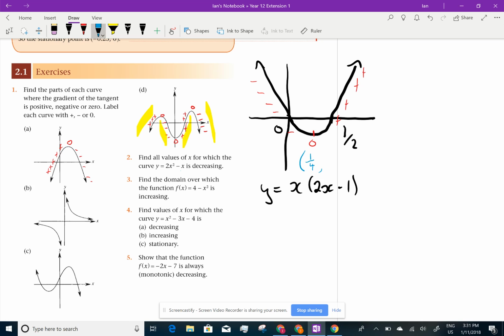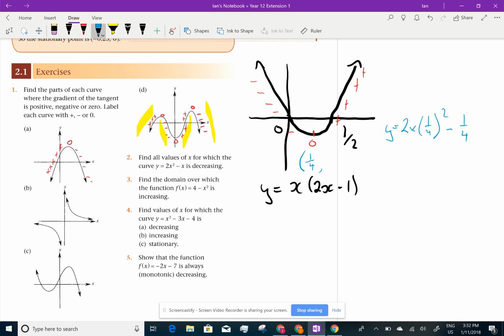I don't need it anyway, but I'll just quickly do it. It's 2 times a quarter squared minus a quarter.